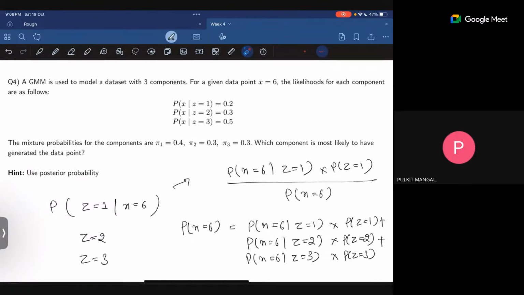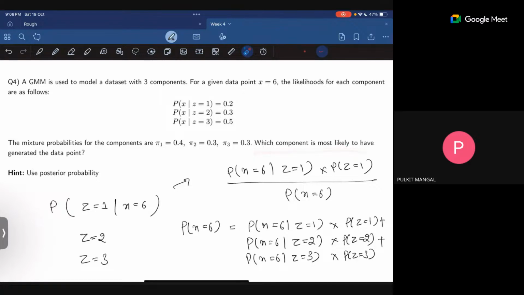So in the question we are given one data point, and we are given the mixture probabilities also. We are also given that if you choose this mixture or component, that is z equal to 1, 2 or 3, the probability that the data point is generated from it is 0.2, 0.3, 0.5.